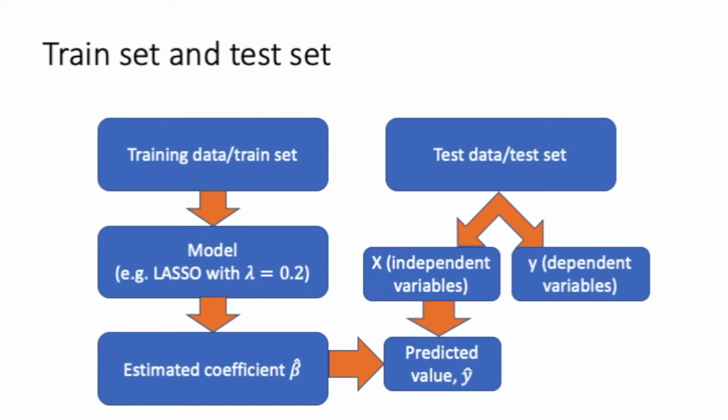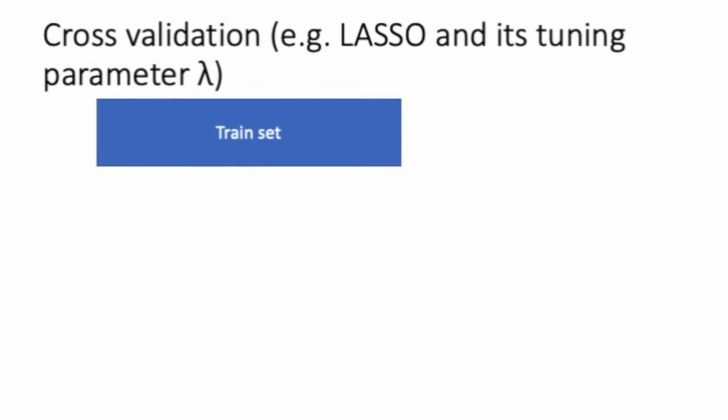We compare these predictions with the real response variables, or the real y values, in the test data. Computing the sum of squares of residuals, or SSR in short, helps us determine how good the model's ability to predict is.